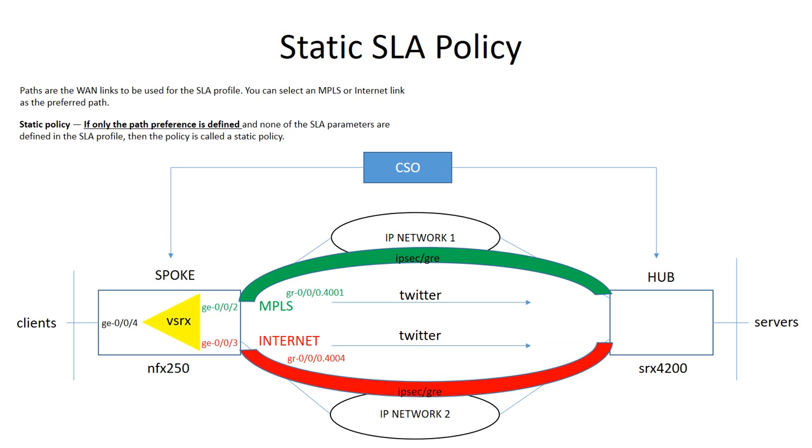Because let's think they know that the MPLS link is a business critical link, and social networking traffic should be diverted onto the less important link, which is in this case called internet, or red tunnel. So the administrator wants to move the traffic completely from MPLS to the internet, and in the end state, the Twitter traffic should be using only the red tunnel.